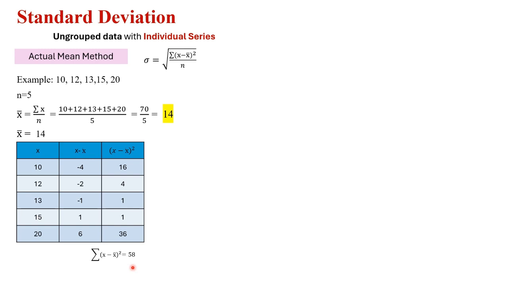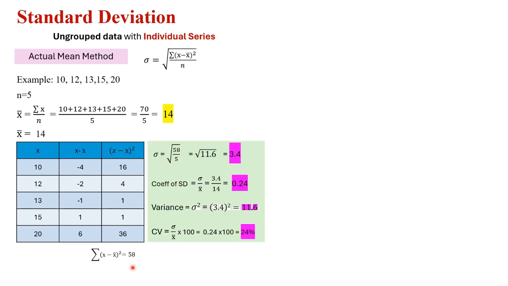Placing the values in the equation for standard deviation, under the root, sigma (x minus x bar) whole square is 58 and n is 5. Solving we get under the root 11.6, which is 3.4. Coefficient of standard deviation is equal to sigma by x bar, 3.4 by 14, that is equal to 0.24.